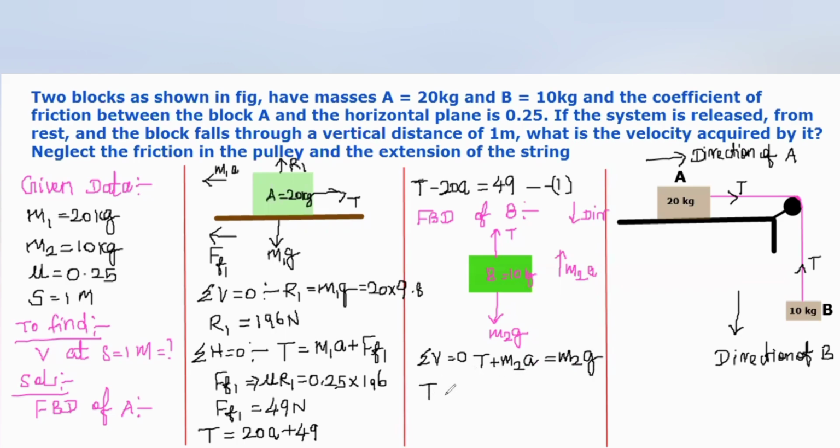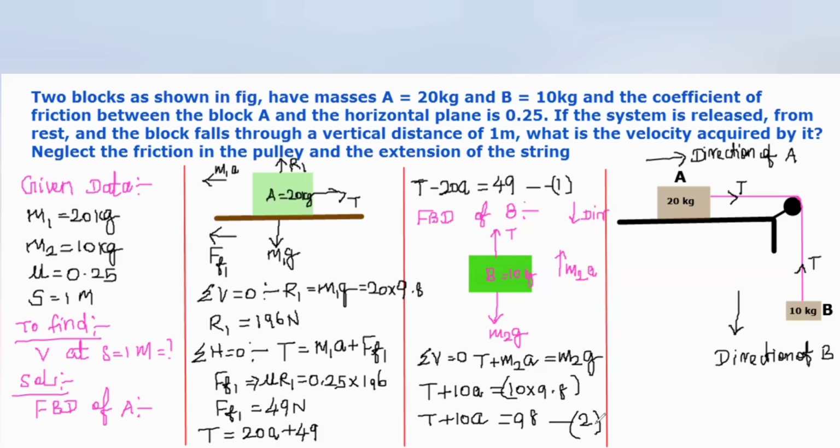Here substitute the values of M2 and g. M2 is 10 kg, so 10 multiplied with the acceleration equals 10 multiplied with 9.81. So we will get this equation as T plus 10A equals 98 Newton. So this will be the second equation.